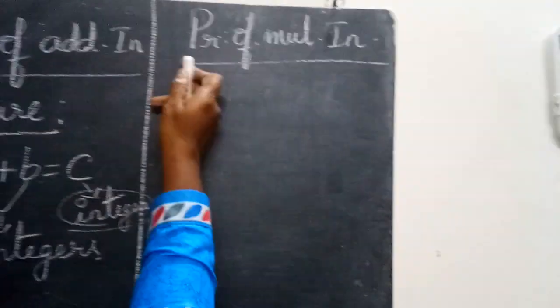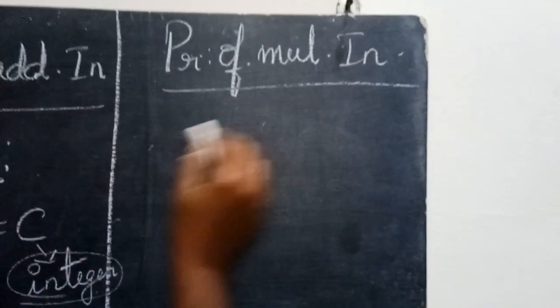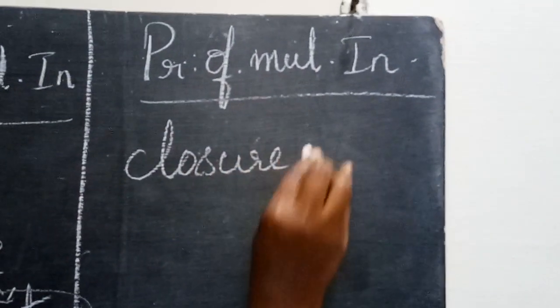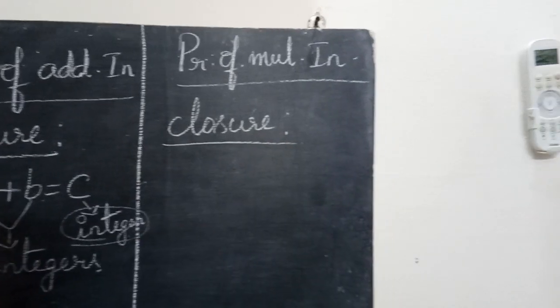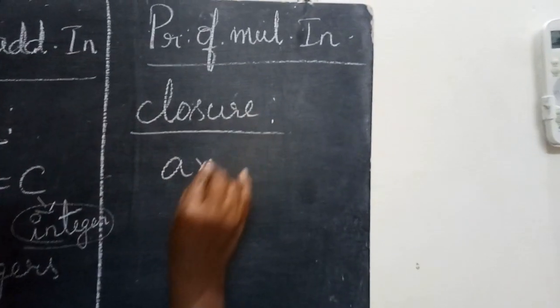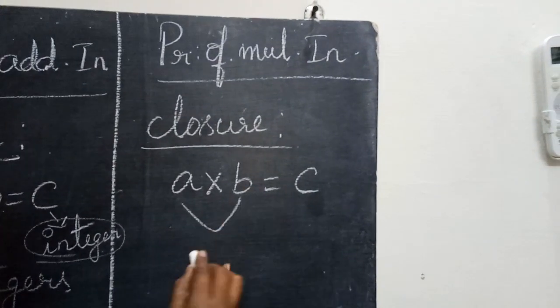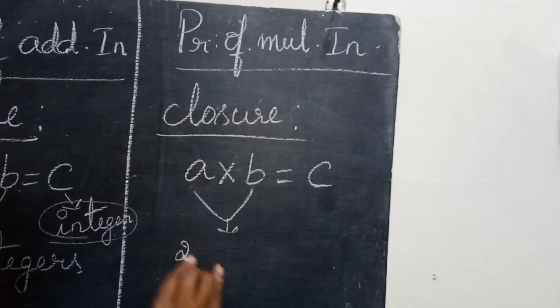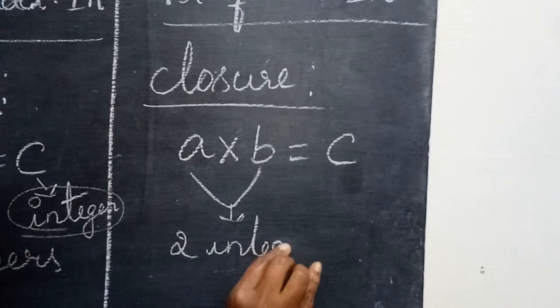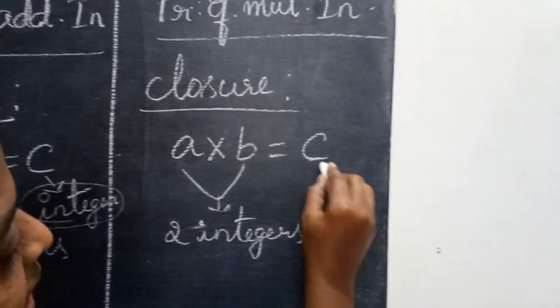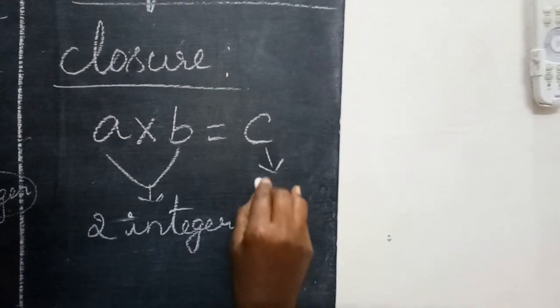Here you can see properties of multiplication. Closure here, A into B is equal to C. Same way here also two integers, and this is also another integer.